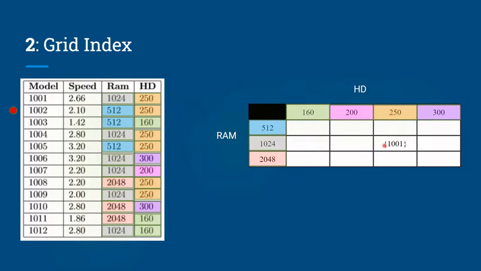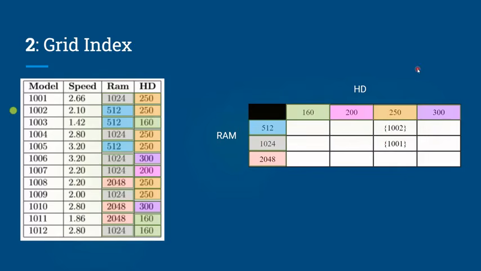Next step, we go to the next row, 1002 model. So 1002 model exists in 512 RAM and 250 HD.